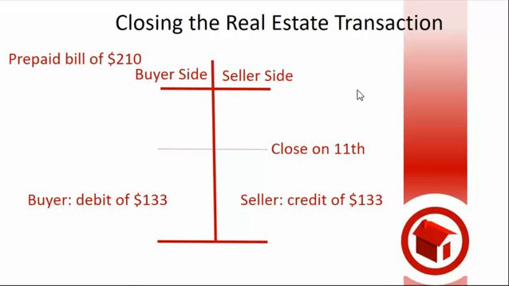He paid for 30 days of something, but he only used 11 of them. So he gets credit back for 19 days because the 11th is the seller's day. So there's 19 days left at $7 a day. Hopefully that comes out to $133 that he gets back because he's not going to use whatever this bill is.